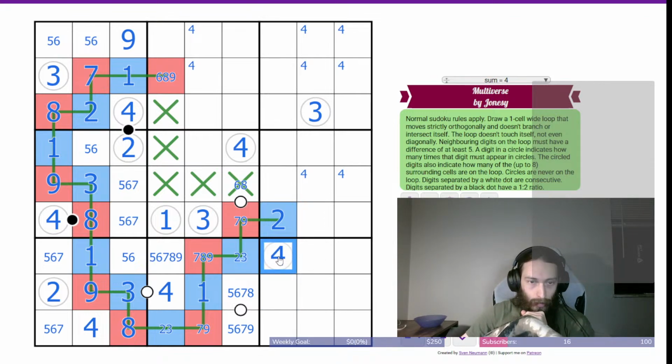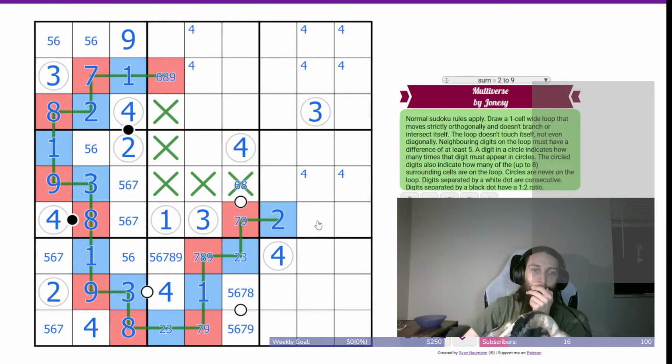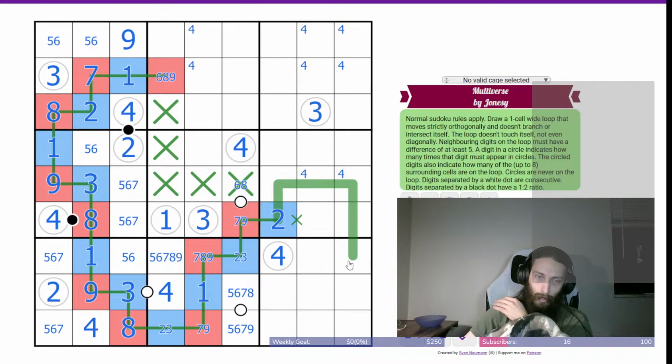Okay, this 4 has 3 neighbors. Which, if I didn't cross this line, then I'd have to go around like this, but then I can't go back out.